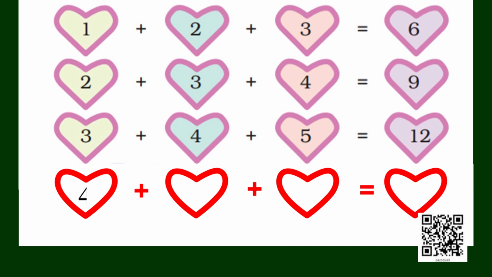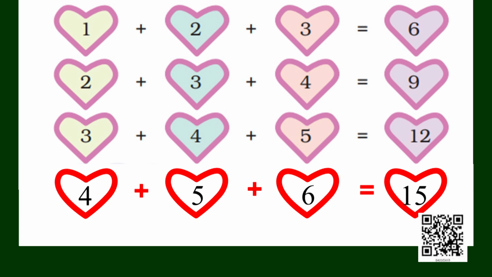Yes, after 3 it is 4, after 4 it is 5, after 5 it will be 6. So, it will be 4 plus 5 plus 6. Without adding, can you tell me what will be the sum? Yes, if we add 3 to 12, we will get the sum which is 15. Are they both equal? Yes, they are. 4 plus 5 plus 6 is equal to 15.